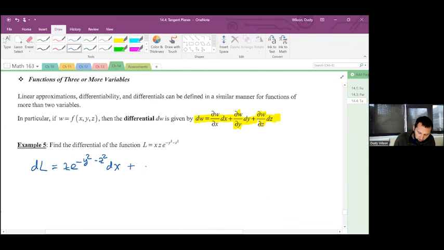So we're going to have x z, the derivative of the inside is going to be a negative 2y, e to the negative y squared minus z squared, dy.